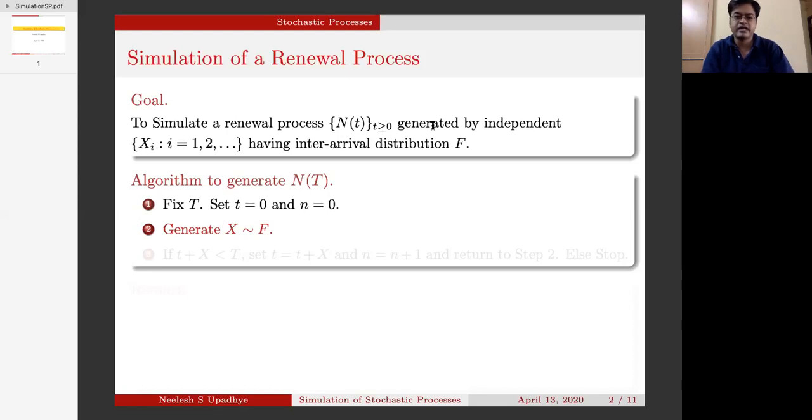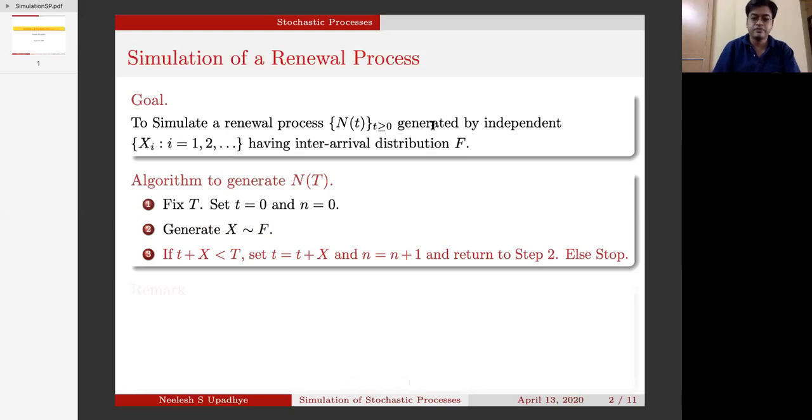To allocate that, first we will check if t plus x, where our capital X is small x, is less than T. If yes, that means this is a valid event and we are going to count the event. So we will set t equal to t plus x.